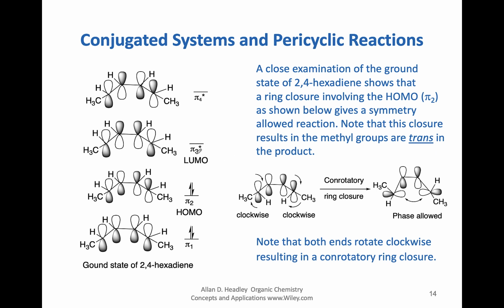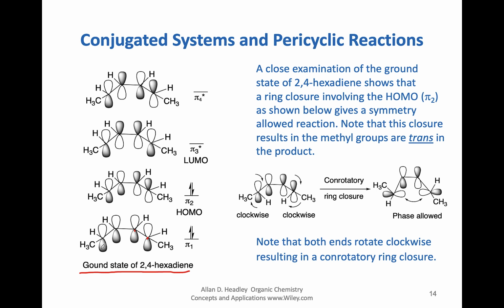So this is the ground state of 2,4-hexadiene. So these are the molecular orbitals. Remember that there are 1, 2, 3, and 4 carbons that have double bonds, which are sp2 hybridized atomic orbitals.